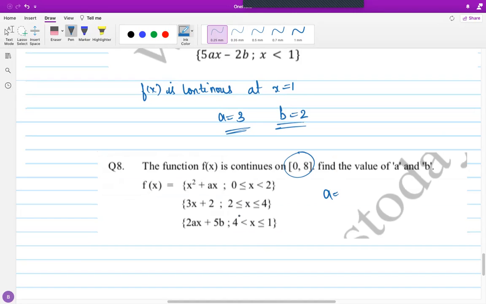No. Here the question was like 4 to 8. So A should be equal to 3 and B should be equal to negative 2. You're supposed to get it.